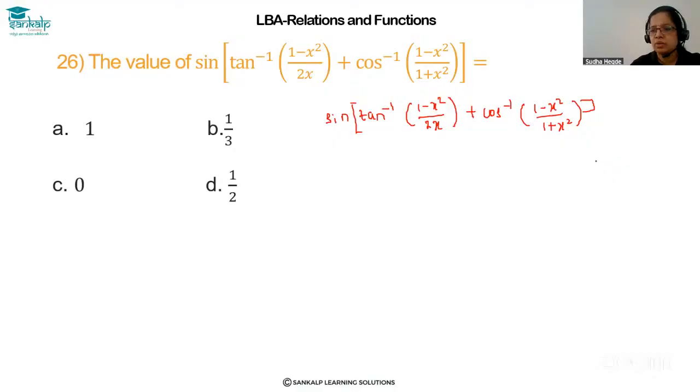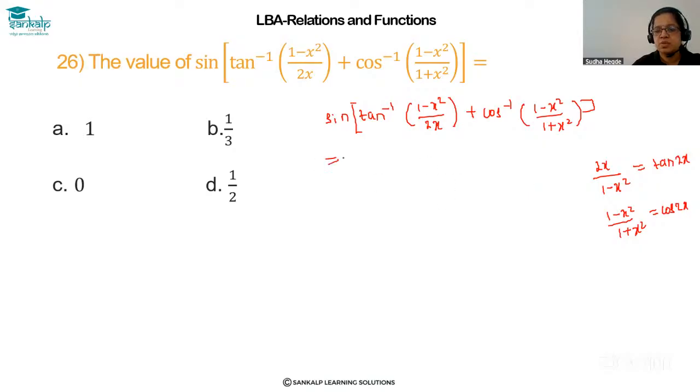So actually 2x divided by 1 minus x square, if you substitute x is equal to tan theta, you are going to get that as tan 2 theta. So similarly, this 1 minus x square divided by 1 plus x square, you are going to get it as cos 2 theta. This is tan 2 theta. Okay, by substitution method.